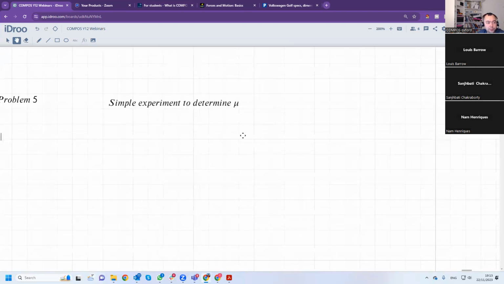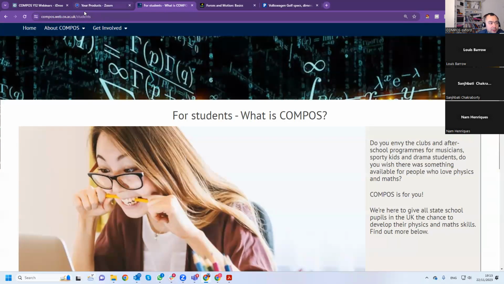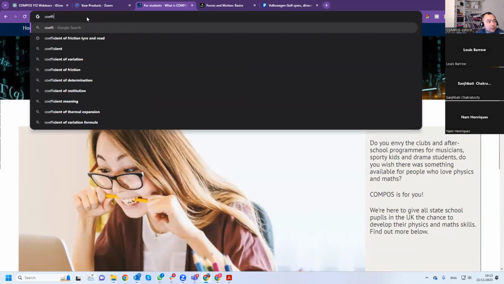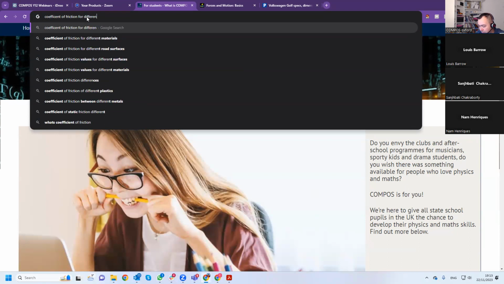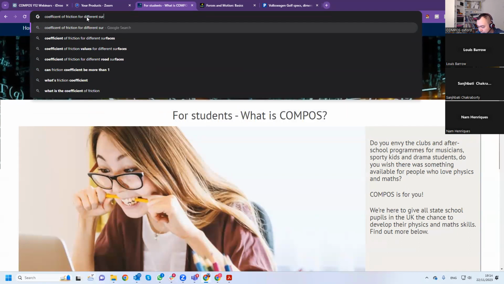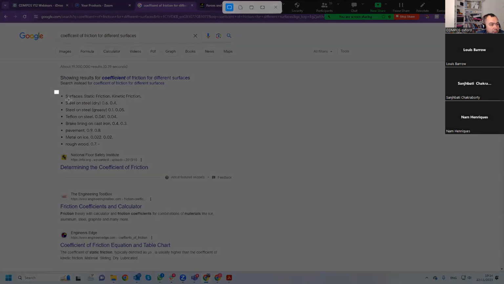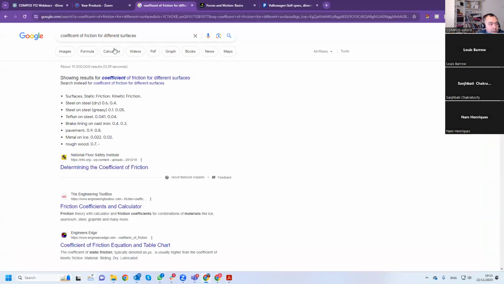So mu depends on, let's have a look, the coefficient of friction for different surfaces.